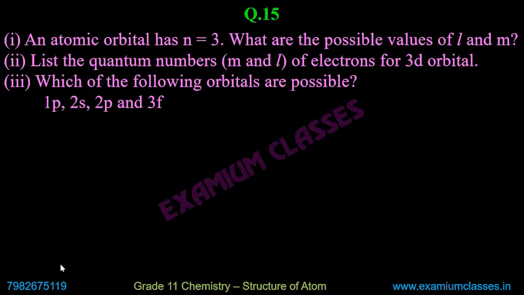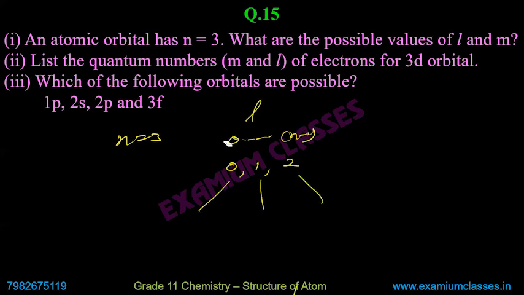Fine. So here n equals 3. l is from 0 to n minus 1, that is 0, 1, and 3 minus 1, 2. We will stop here. Then for all these l values, you will have m values. So how will you write it? In the exam, if this appears, you will draw the table.